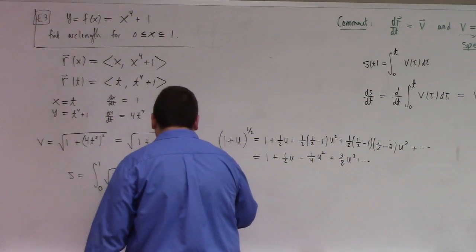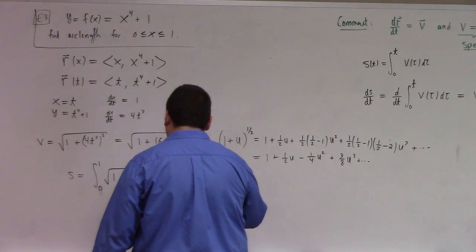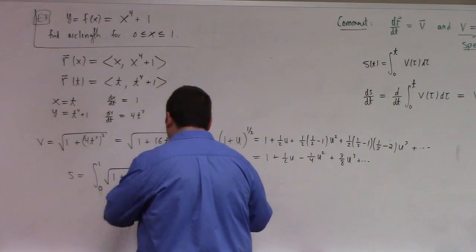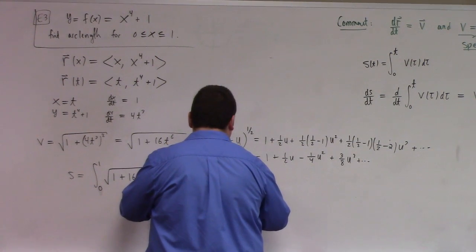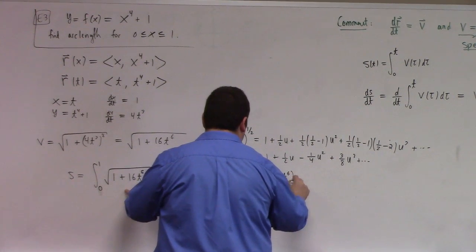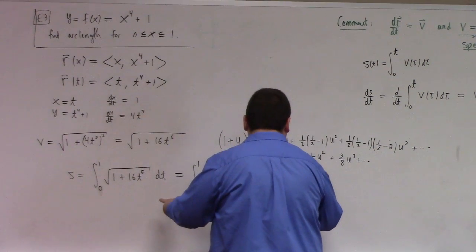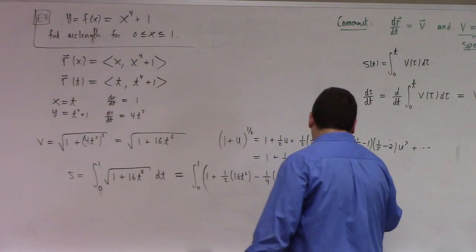So this is really the integral from 0 to 1 of 1, and we'll have to judge whether or not this is a reasonable substitution in just a second here. 1/2, my u is 16 t to the 6th. So minus 1/4. I think this is not a reasonable substitution. I don't think this is a productive calculation. I'll show you why. Okay, so what do we have here?